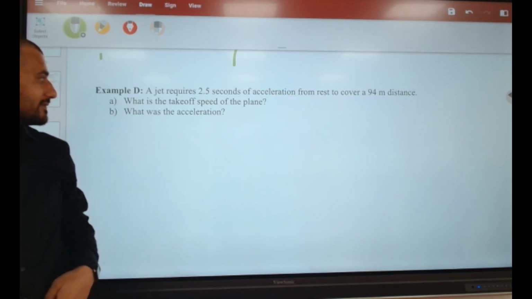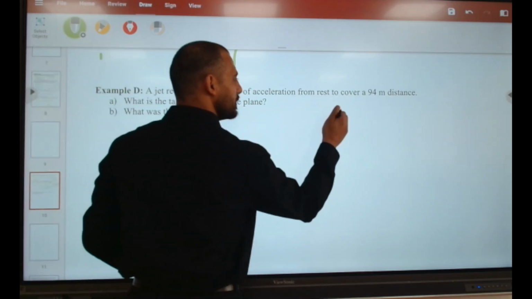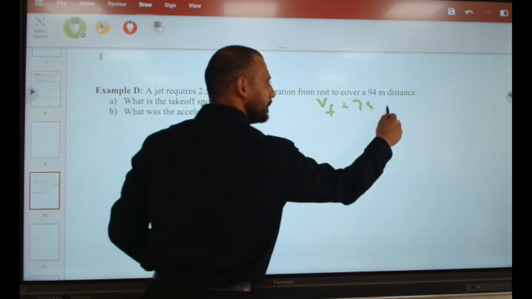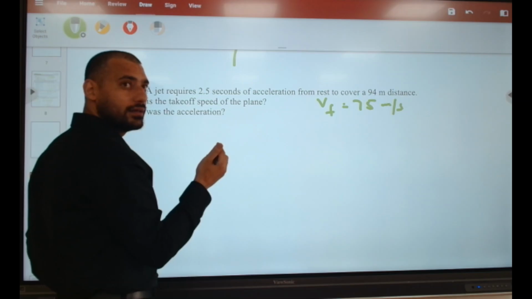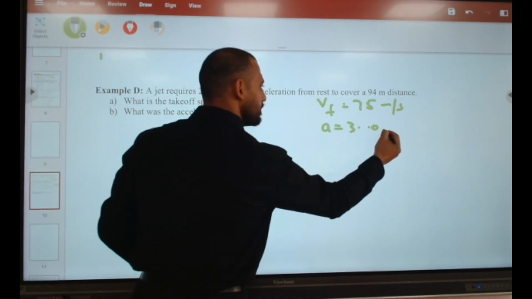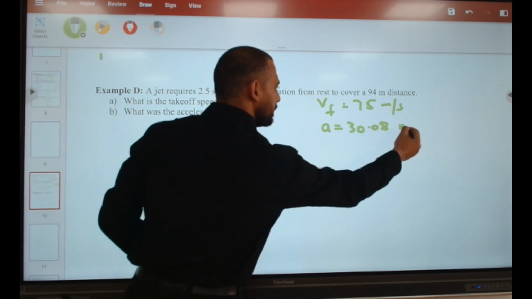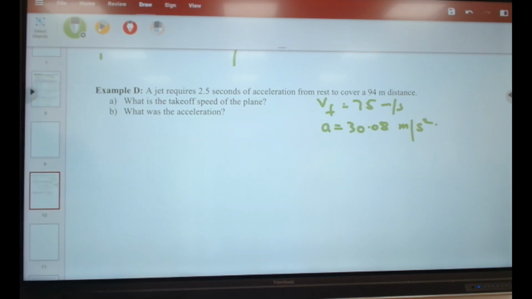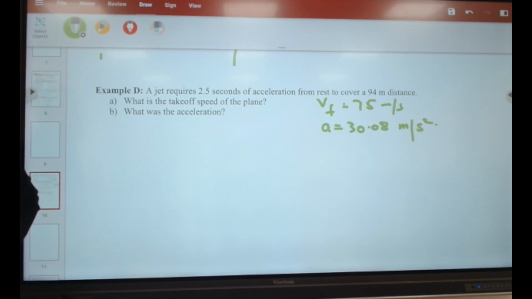And for acceleration, I got 30.08 meters per second squared. So Tagreez has come up with the result. Let's see if she is right. She gets a croissant.